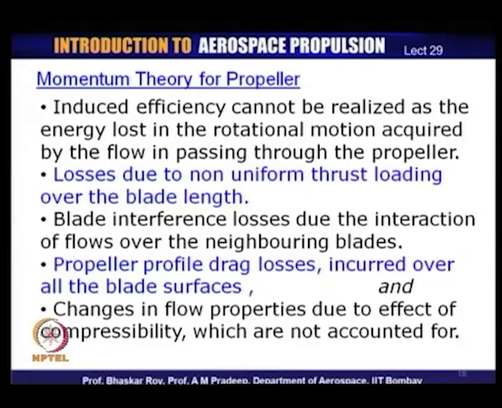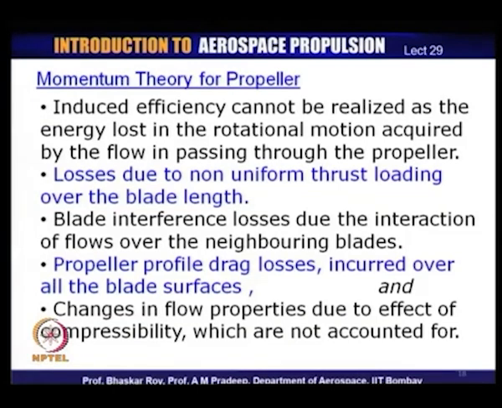The third point is the blade interference losses due to the interaction of the flows over the neighboring blades. In the actuator disc, we have assumed it is a porous body, a continuous body with no mass, with 100% porosity. In an actual propeller, you have 3 or 4 blades, the rest of the area is open, and these blades, when they are rotating at some speed, have a certain amount of aerodynamic interference between each other.